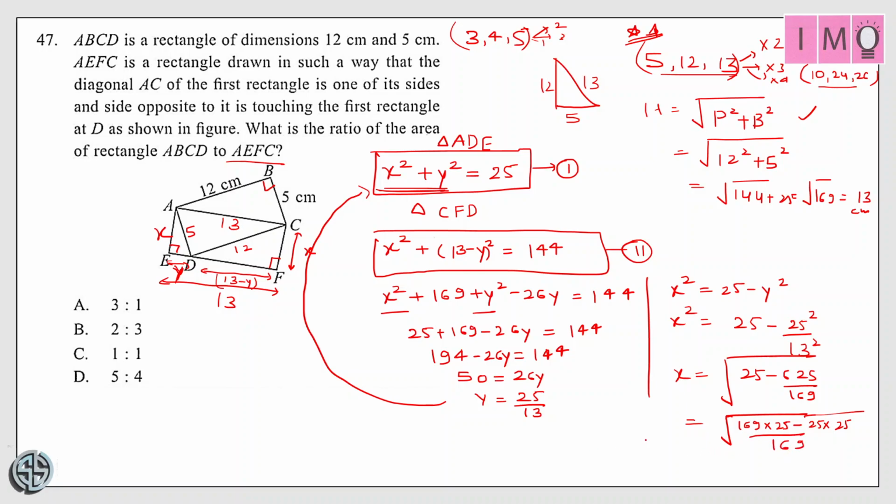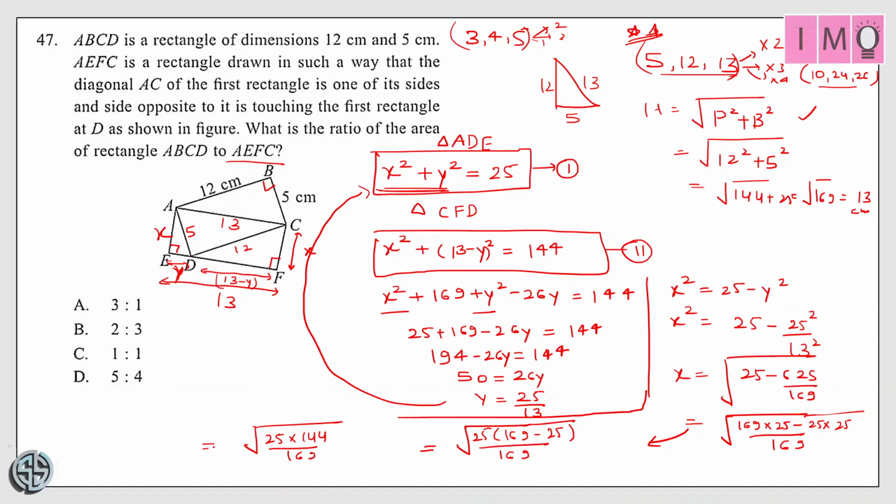Let's take the common factor 25 out, and when you solve it further, you will find 169 minus 25. Now you can see 169 minus 25 is 144, so you can write it as 25 into 144 upon 169.